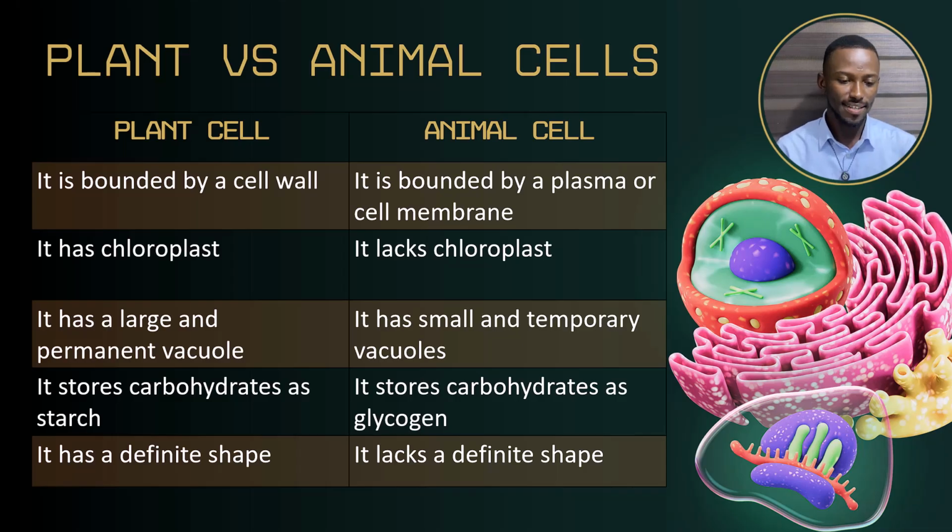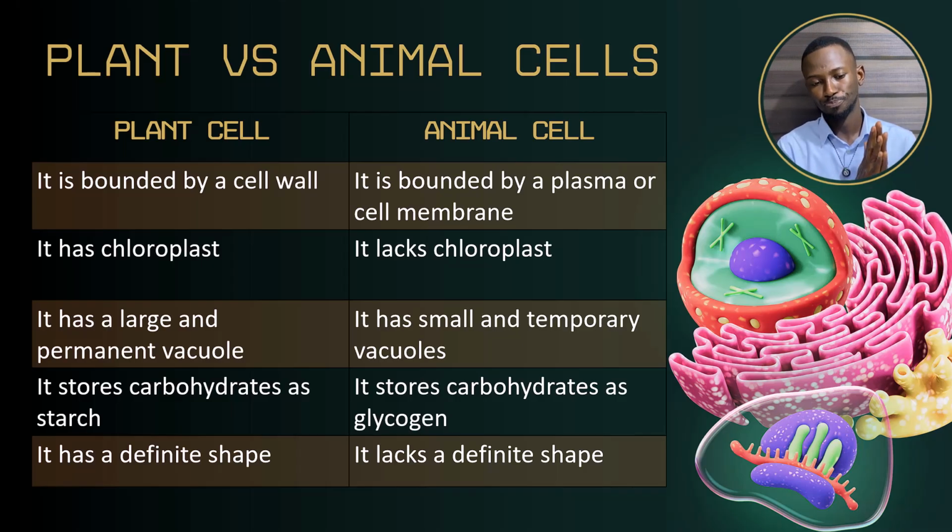And then plant cells have a large and permanent vacuole. And remember, the vacuole occupies the largest portion of the cytoplasm. And animals have small and temporary vacuoles. Animals store carbohydrates as starch and plants store it as glycogen. Animal cells have a definite shape while plant cells lack a definite shape.